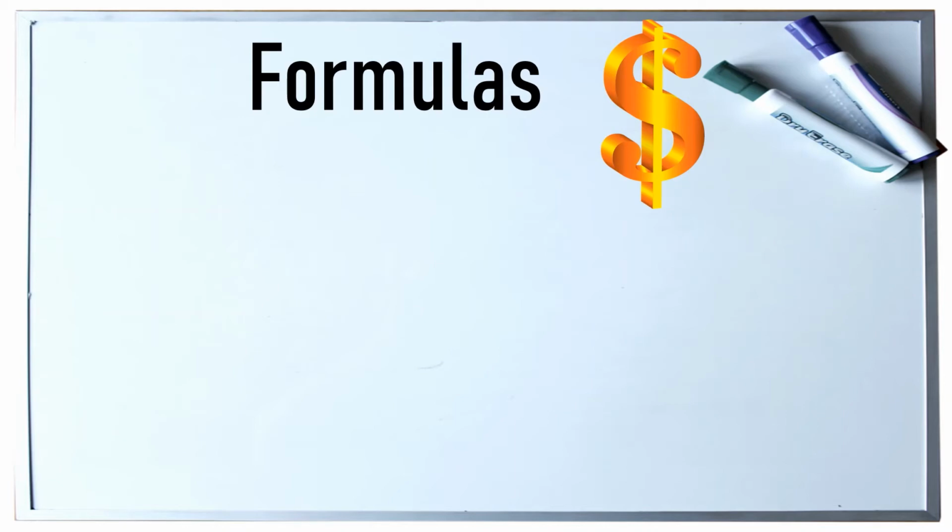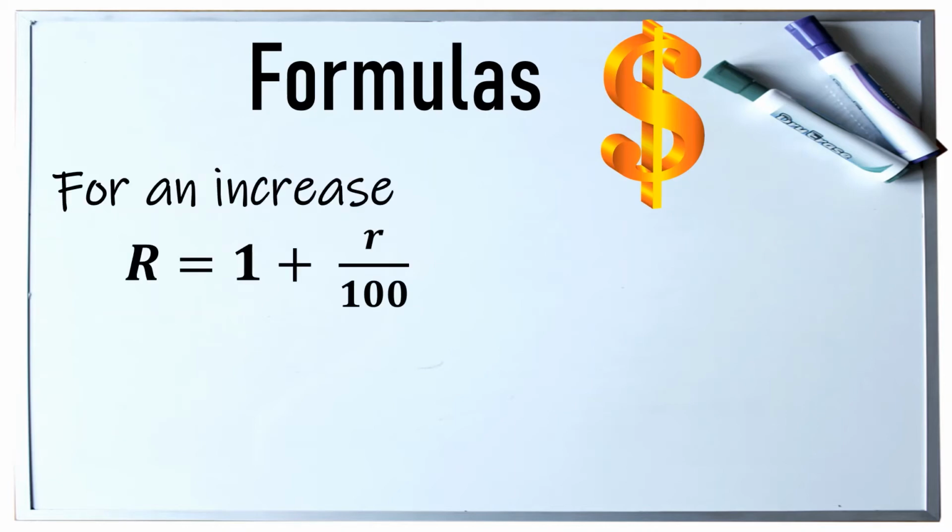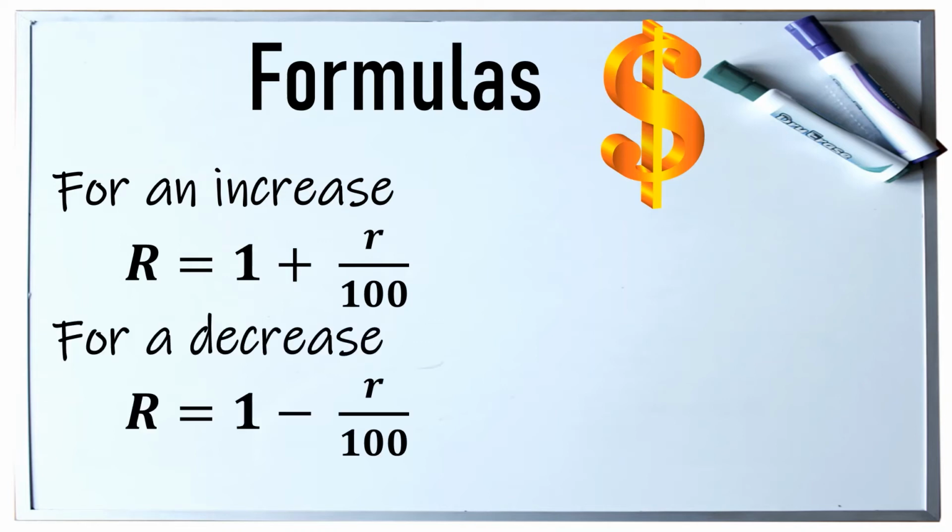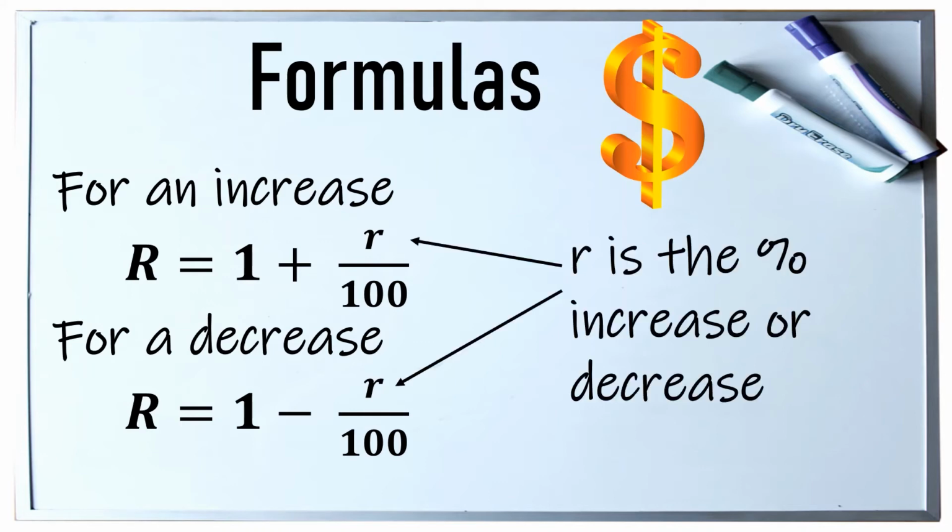To put what we've just learnt into formulas, for an increase, R is equal to 1 plus r over 100. For a decrease, R is equal to 1 minus r over 100. So that lowercase r is the percentage increase or decrease, whereas the capital R is the growth factor.